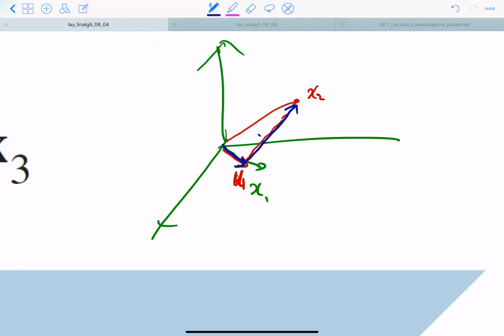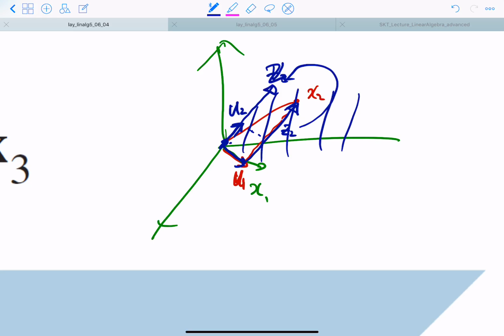Moving it so that it starts from the origin of the same vector, this guy is z2, and let's normalize it so that the length becomes 1. So this is u2, right? And now we have some plane spanned by these two vectors, and now we consider this x3, and then we just normalize it.